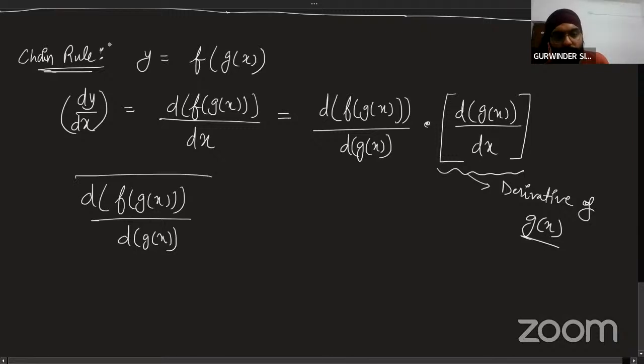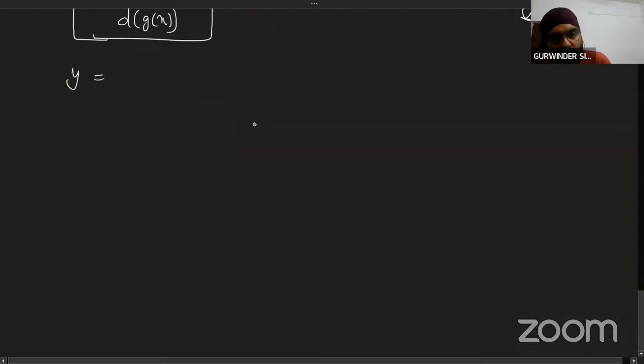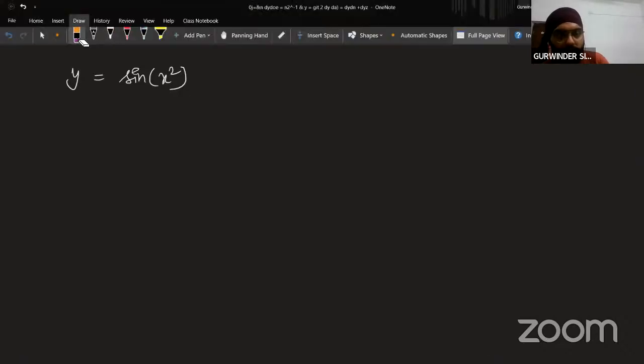That means we are differentiating this combined function with respect to g of x. I will show you with an example. If I am telling you y is sine of x squared, okay, currently I will not write this y to confuse you.